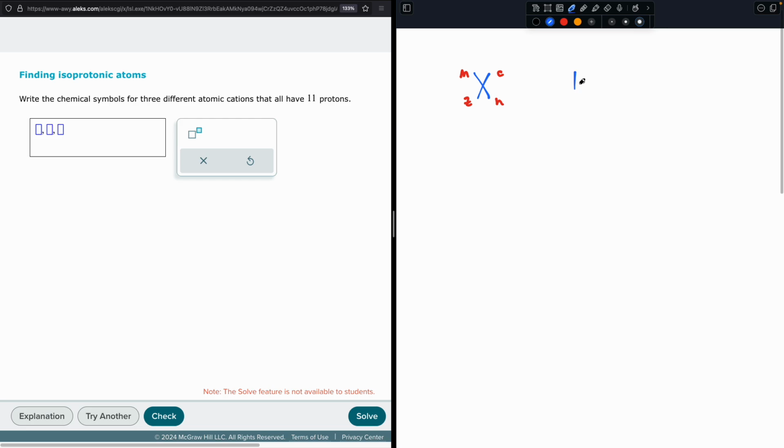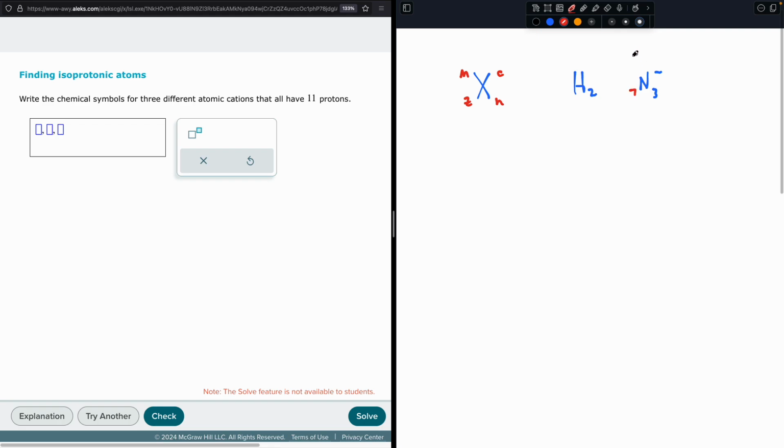Where H2 has 2 atoms in it, right? N3 minus has got 3 atoms of nitrogen in it, and it's got a minus 1 charge. We don't put the Z here because we know it's nitrogen. If we did put Z, then we would say it's 7 because that's the atomic number of nitrogen, right?